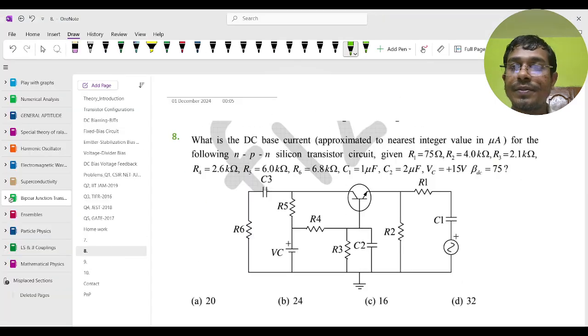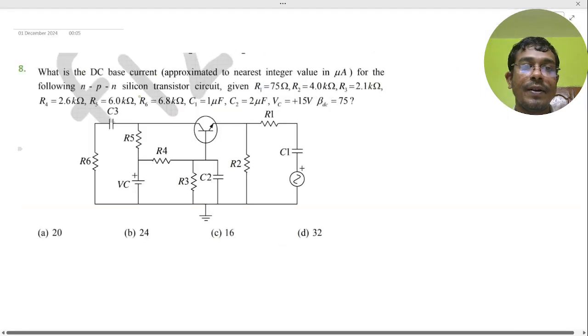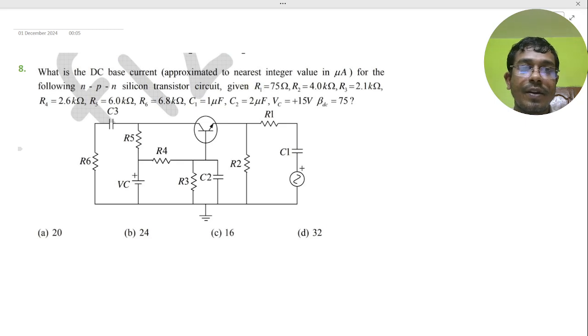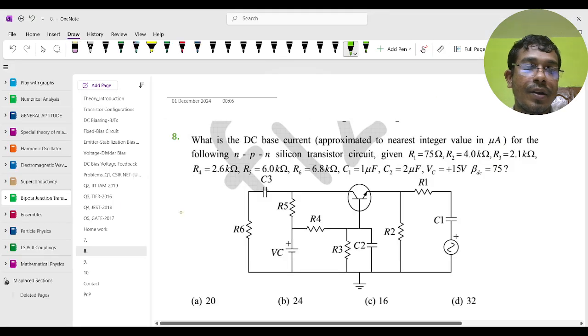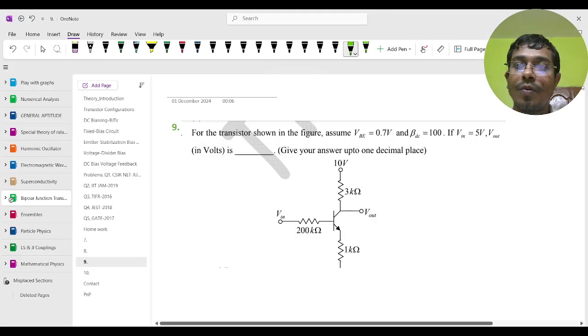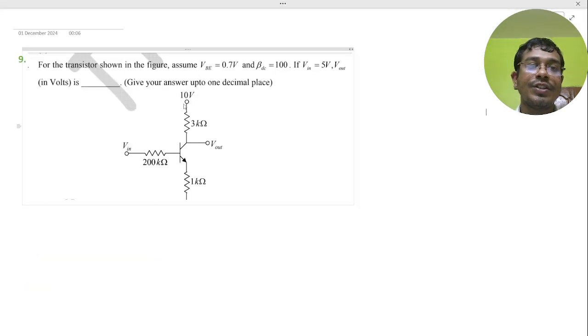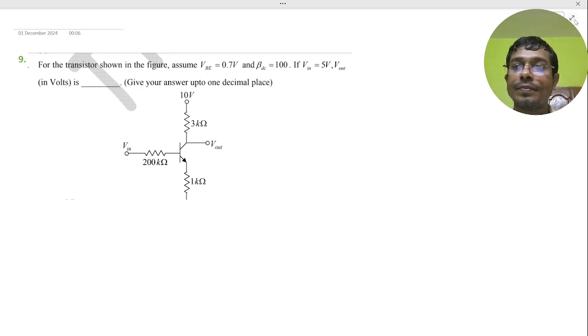Third question: this is a circuit and these are the values of the NPN transistor, and we have to find the DC base current in microampere. Also pause the video and take a screenshot. Next problem for homework: this is a transistor with these values, and you have to find the output voltage.